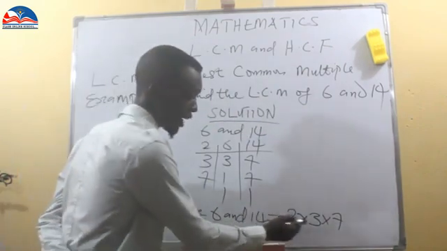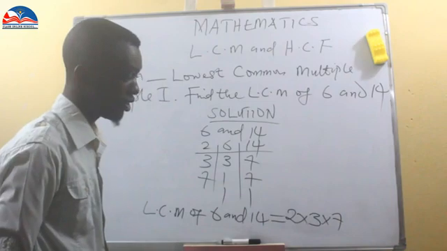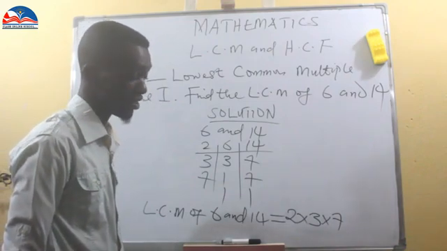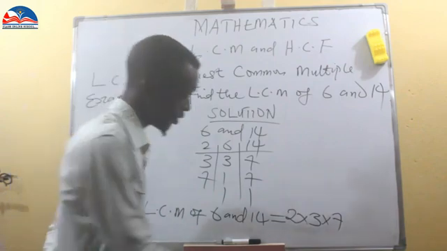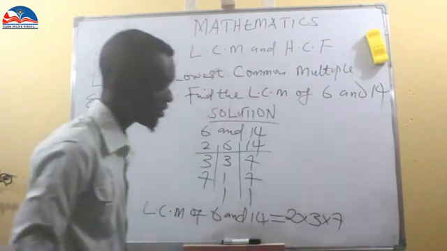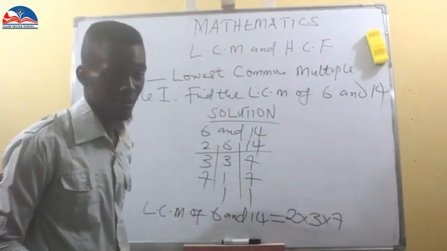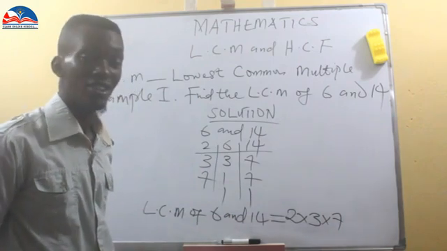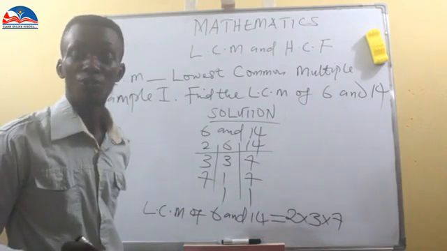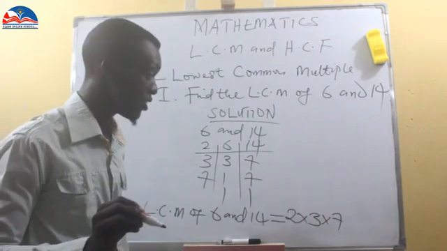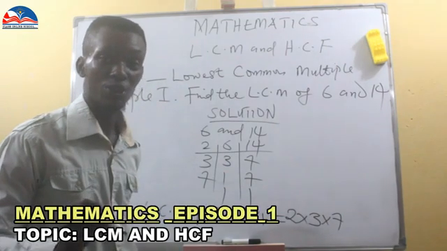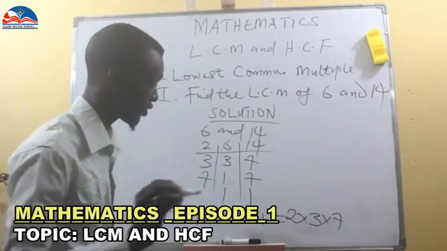Now 2 times 3 will give us 6. Then 6 times 7 will give us 36 plus another 6, which is 42.